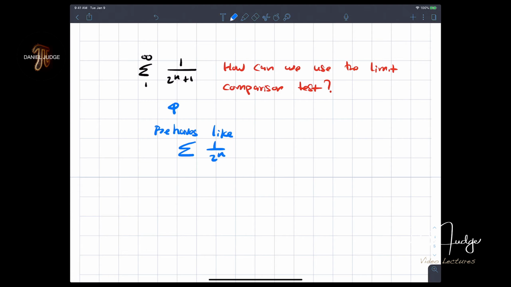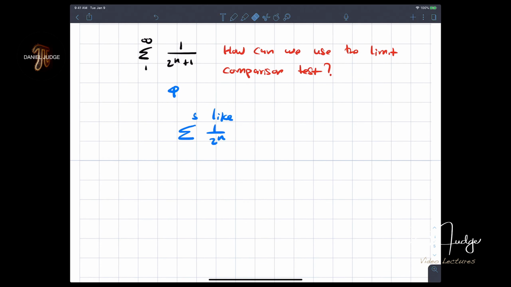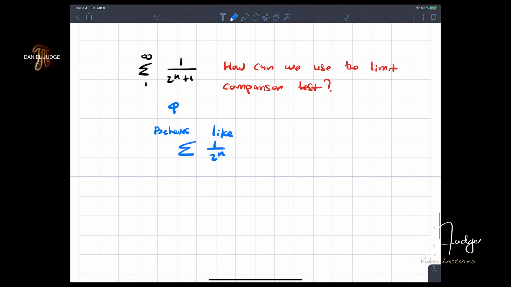I've got to double check to see if your book uses that phrase. It's been years since I've looked that over, but I say that behaves like, and it's very simple. If you go back to the original series here, this is the original series that they gave us.